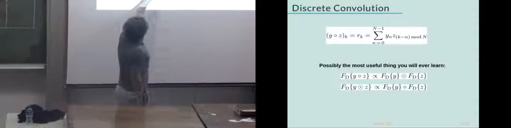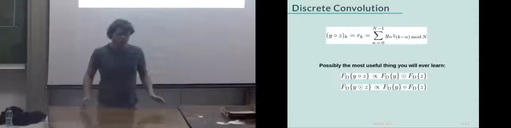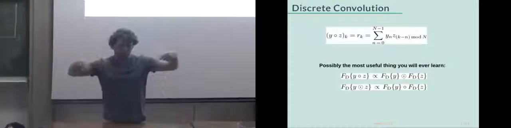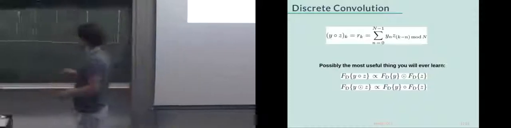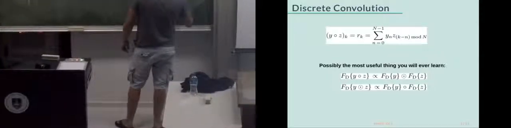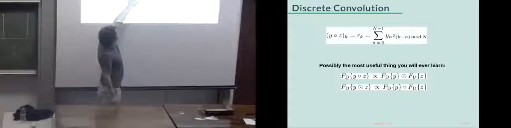Now, this symbol here, it's just there to emphasize, that's called the Hadamard product. The Hadamard product is nothing but the ordinary element by element multiplication of an array. So if I have x1, x2, x3, y1, y2, y3, the Hadamard product just results in x1y1, x2y2, x3y3. So there's nothing fancy. This is just to emphasize the operator.